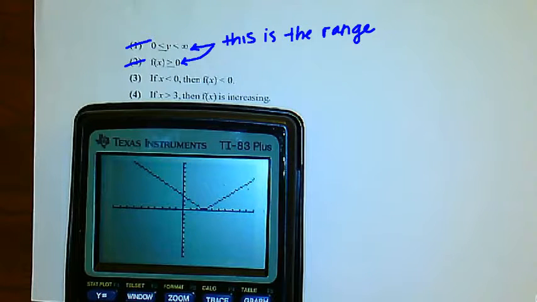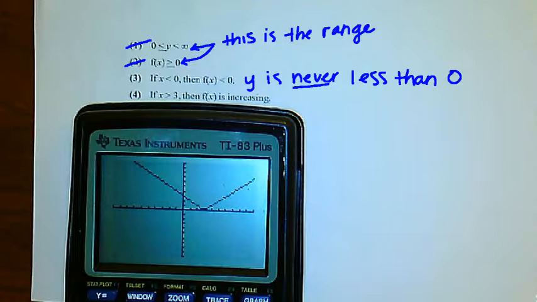All right. If x is less than 0, then f of x is less than 0. Well, y is never less than 0. So that's going to be our answer.